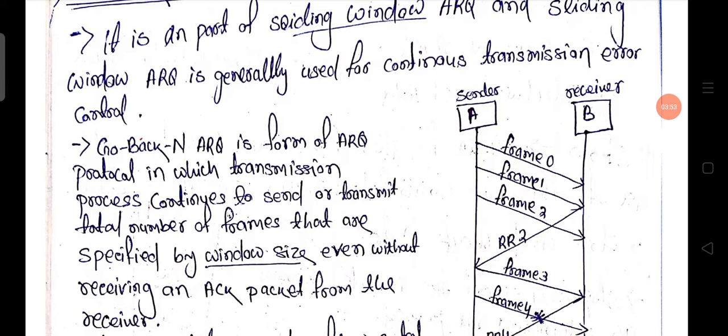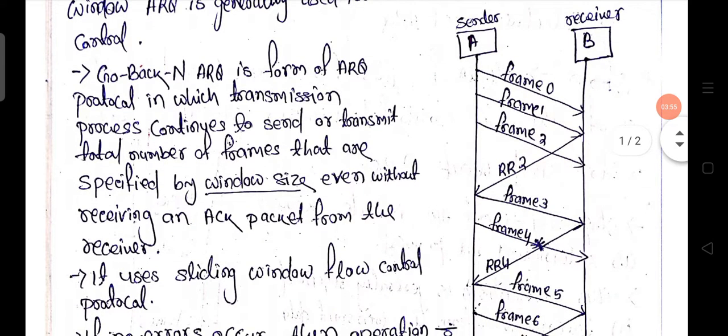If the acknowledgement does not come, the whole window, the whole set of frames, is sent again to the receiver.